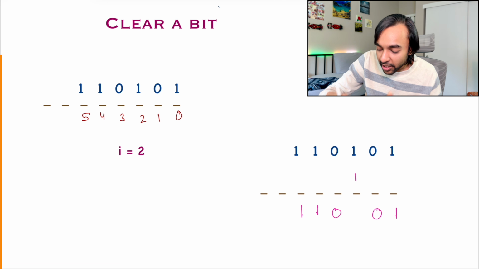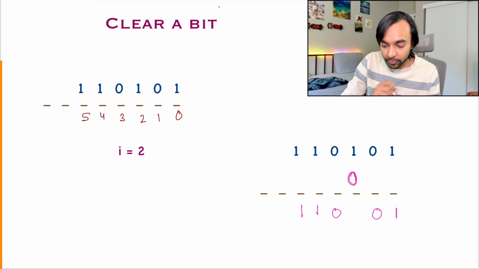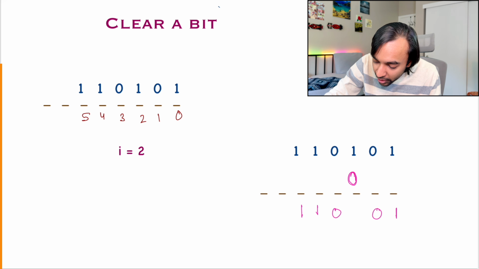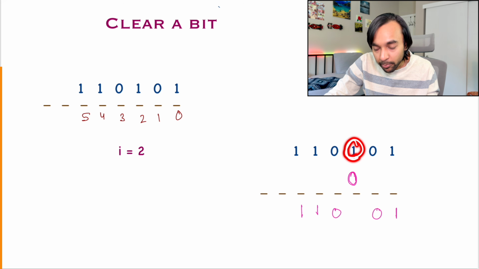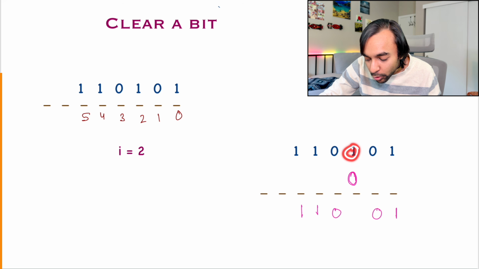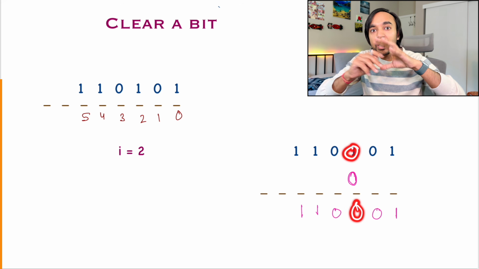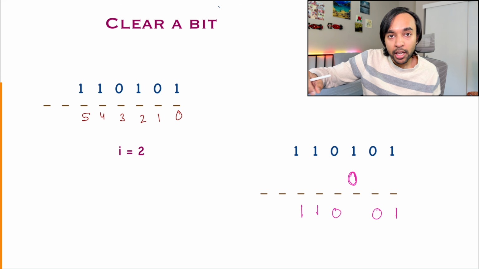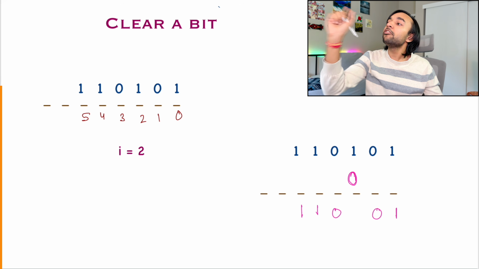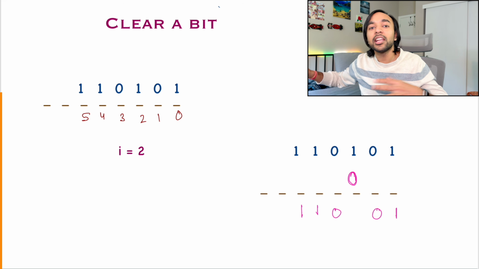When you say clear, think about it. If I add a 0 over here, then what will happen? No matter whatever the number is over here, if it is 1, 1 and 0 will give me a 0. 0 and 0 will also give me a 0. So to clear a bit, think about it like short circuiting something. No matter whatever you have, if you introduce an open switch in the middle, then the resulting connection will be open.